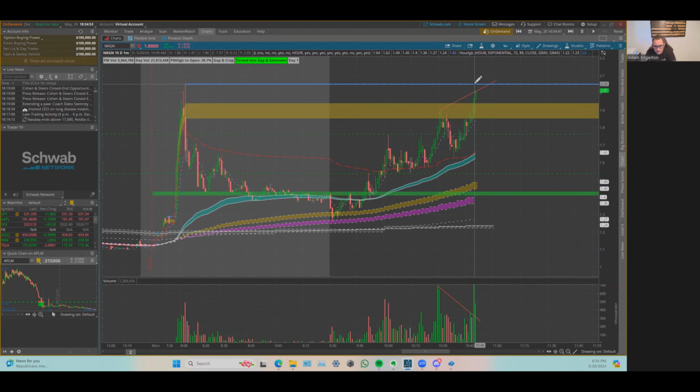The second that I see this thing slam under 205, right there, I'm in. Boom. I'm in, risking the high of this. So I'm in at 205. I'm risking 214.